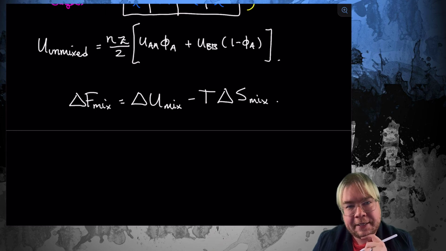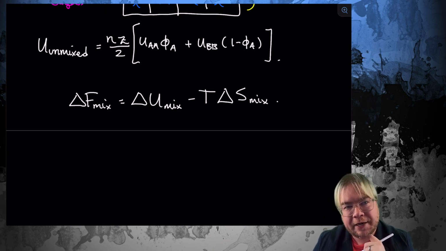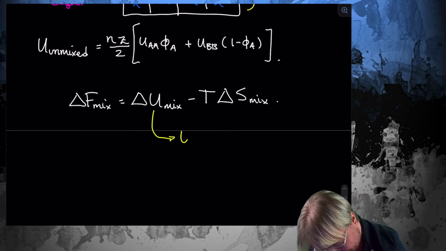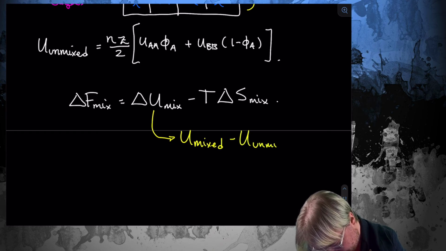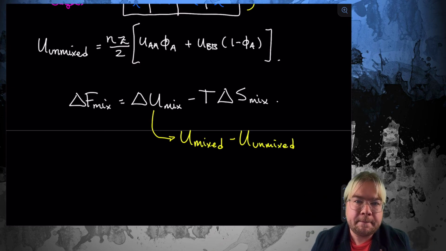We already have the delta S term, but we don't have the delta U term, so we're going to have to get that. And this term will be the energy of the mixed state minus the energy of the unmixed state, just like we did with the entropy.